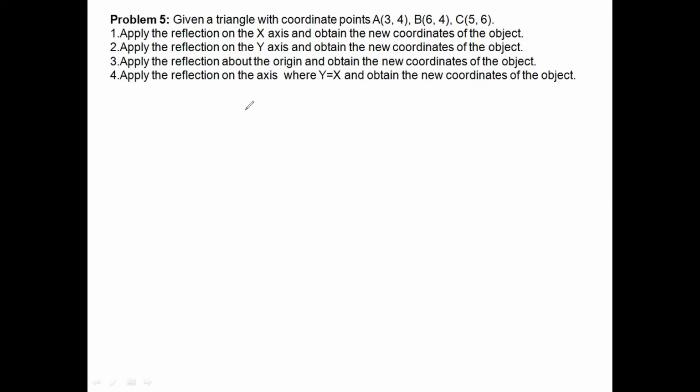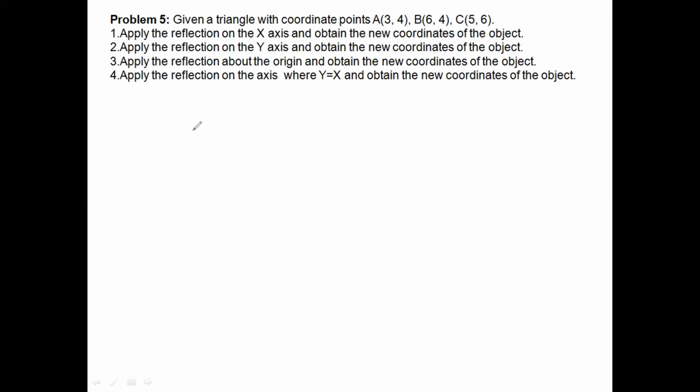In the theory part, we have already gone through what reflection is. That is simply mirroring an object about the x-axis, y-axis, or about the origin, or maybe along y equal to x. In this form, we can reflect an object, or we can simply say when we reflect an object, it is rotated by 180 degrees.